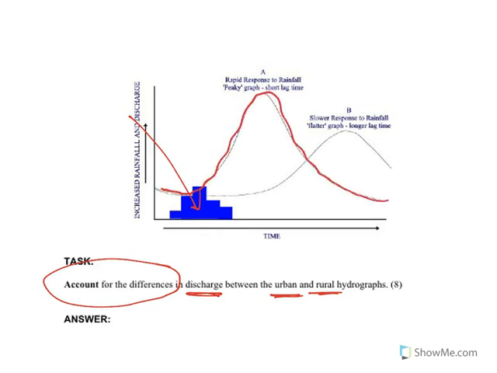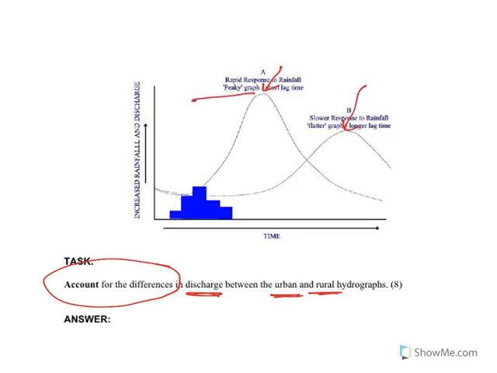So what we're really saying is the same amount of water is falling on the drainage basin of two different rivers. So why, and this is the key to this question, why does River A, what we would call an urban river, rise to such a high peak compared to River B?